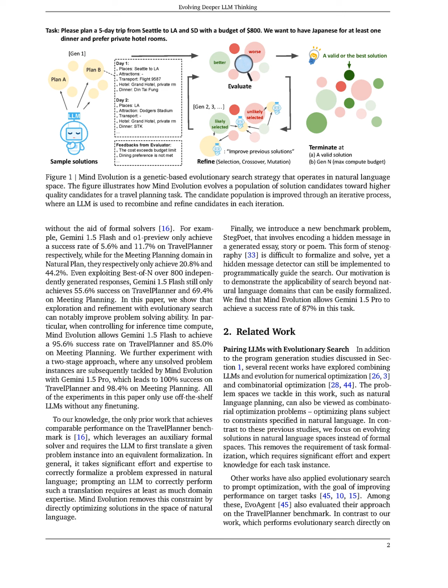This contrasts with existing methods in evolutionary search, like EvoAgent, which focus on evolving new LLM agents or require formal task definitions, necessitating significant effort and expert knowledge for each instance.